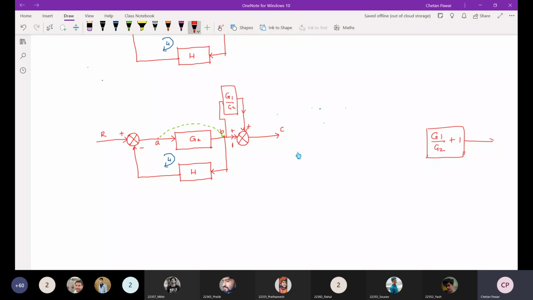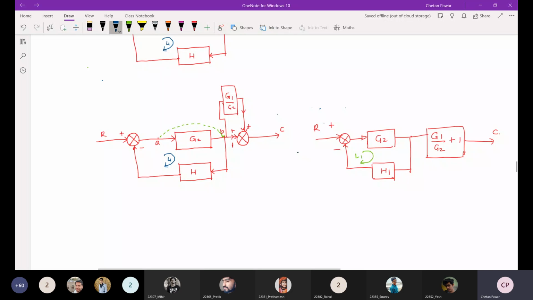And now the other things are the same: G2, H1, R and C. So this is a negative feedback loop. What will be the block diagram reduction for this?